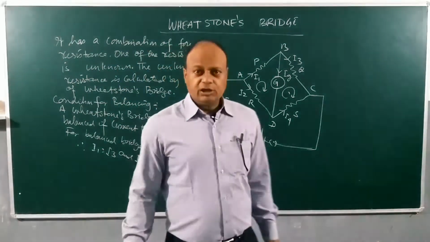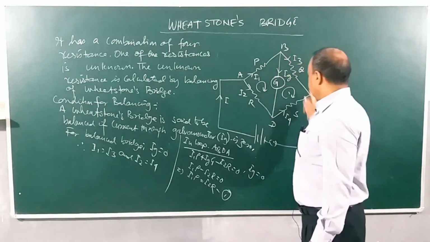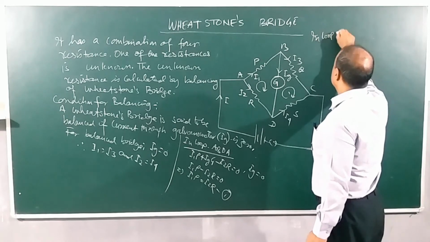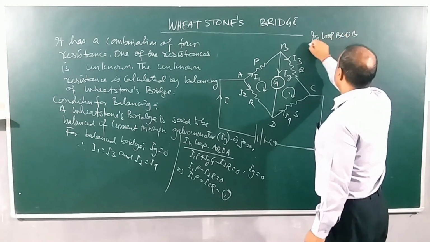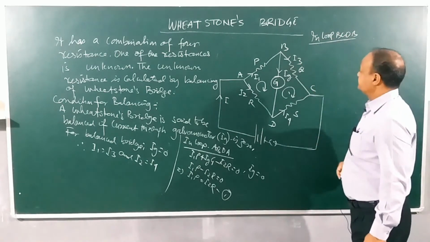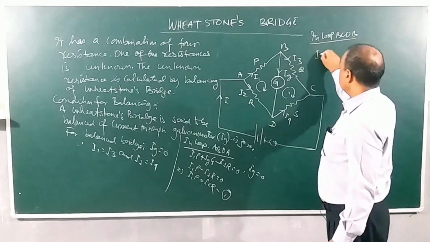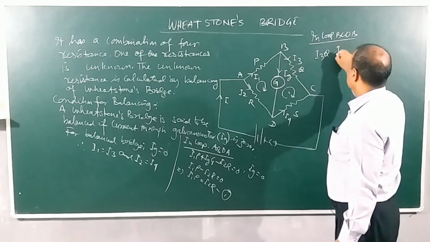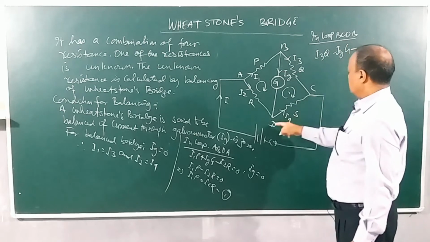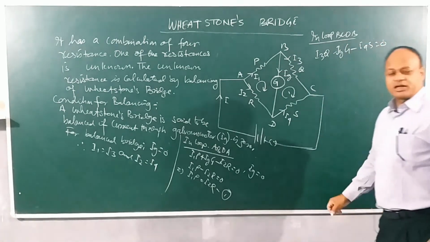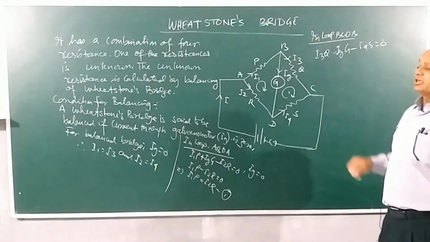Clear? Now I'll go to loop BCDB. In loop BCDB, again I3Q minus Ig into G minus I4 into S is equal to 0. We have not connected any battery, so the right hand side is 0.